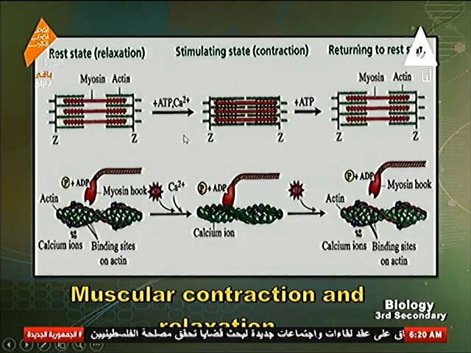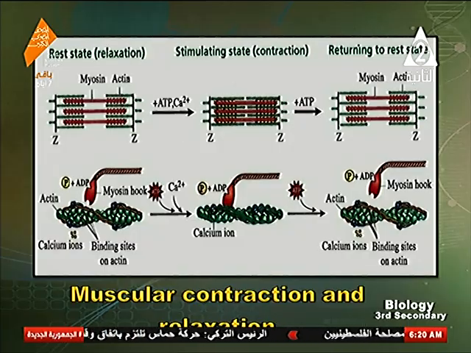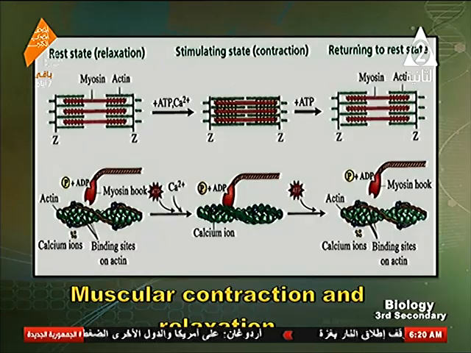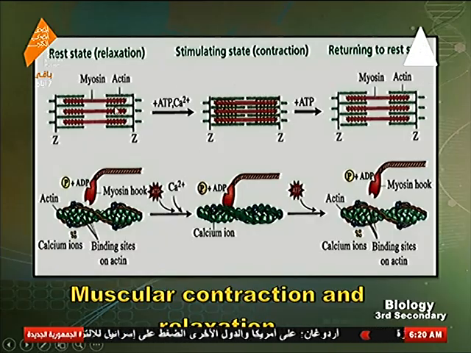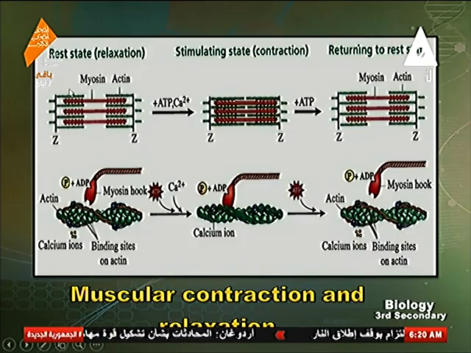Huxley used the electron microscope, which has the ability to magnify about 1 million times, to compare a muscle fiber in a state of contraction with another muscle fiber in a state of relaxation. And he concluded that at contraction, look here, this is the rest state, this is contraction. We can see here it is the rest state, relaxation or polarization.